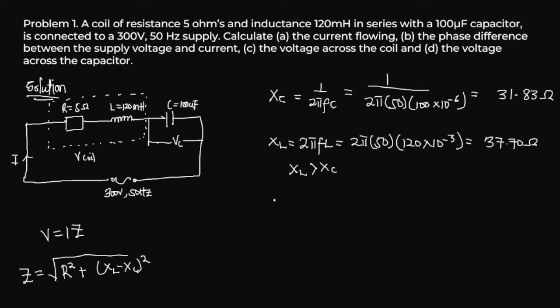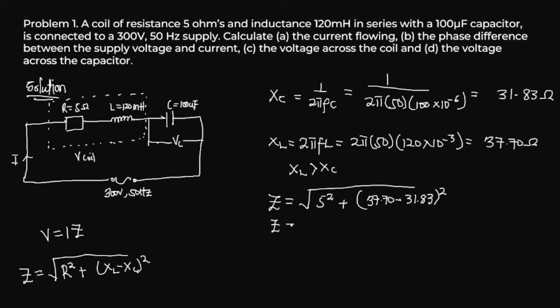So my impedance is equal to the root of the resistance, which is 5, squared, plus the inductive reactance minus the capacitive reactance, 37.70 minus 31.83, all squared.